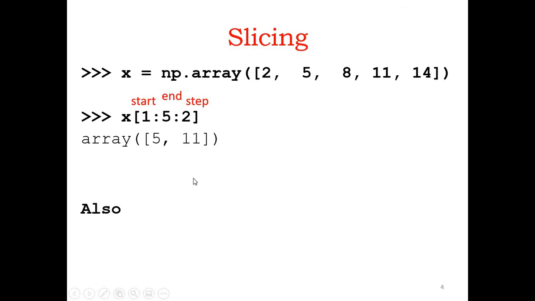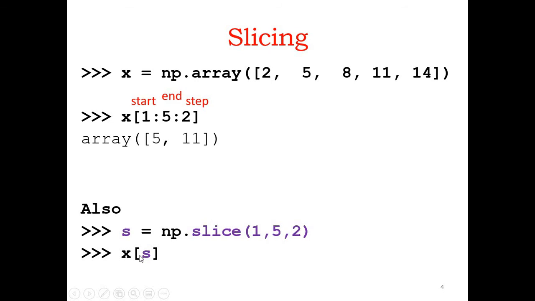Also if you write np.s_, or use the slice method, and inside that you write 1, 5, 2, you name it as say s, and then you put this inside x, you would get the same result. But of course to me this is smarter, so you can adopt any of the methods.